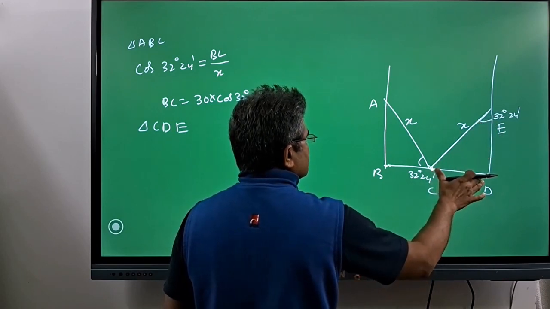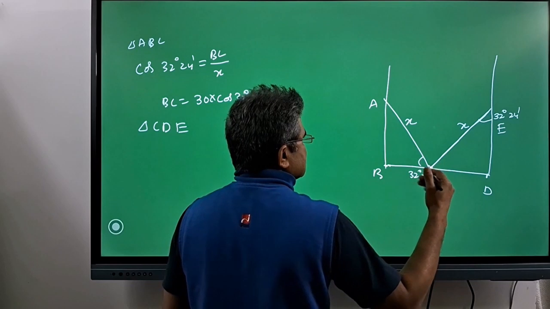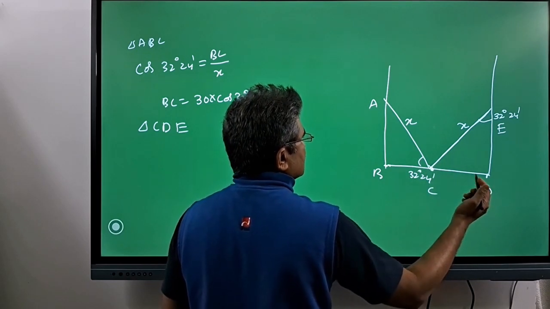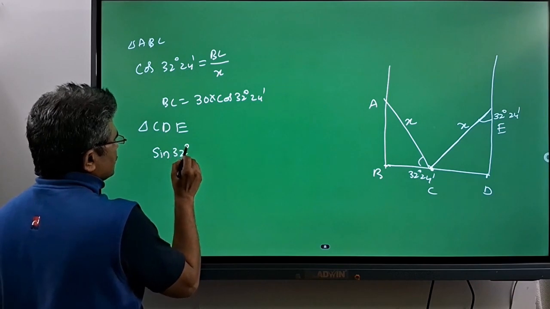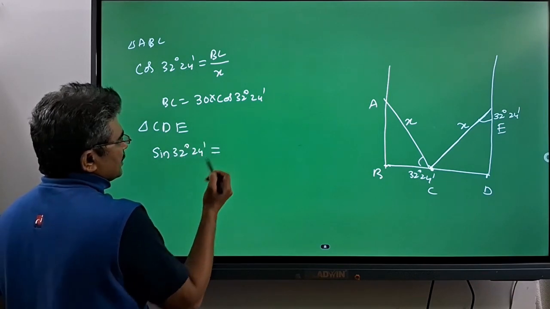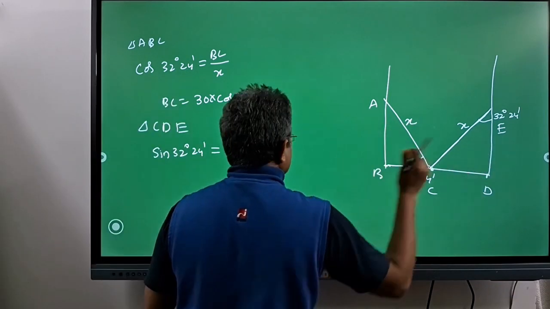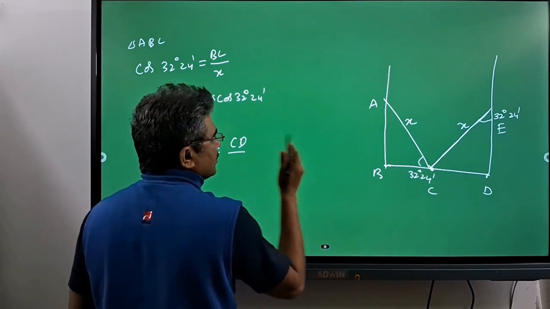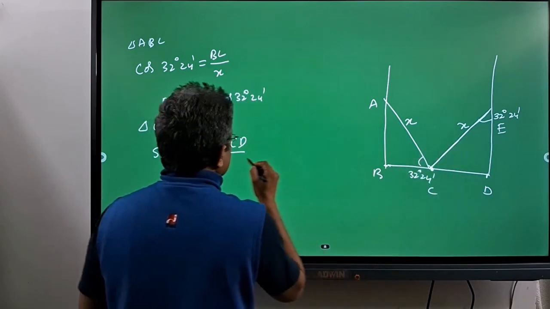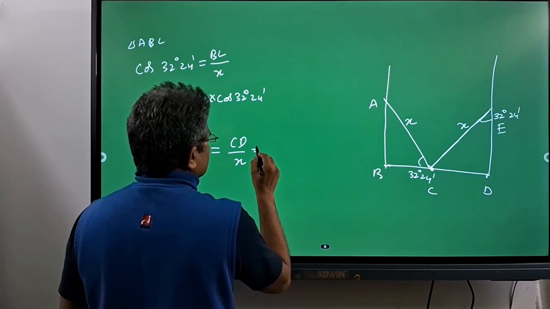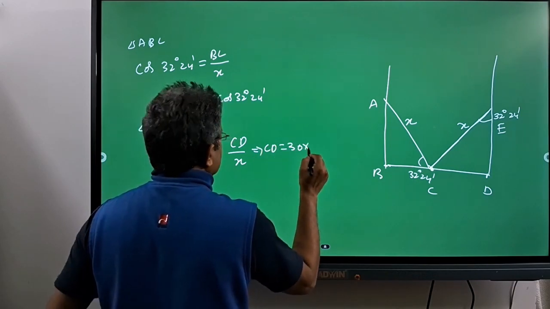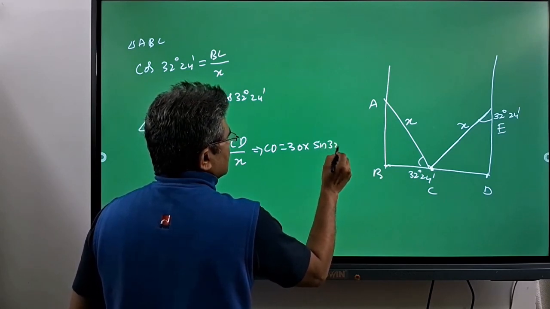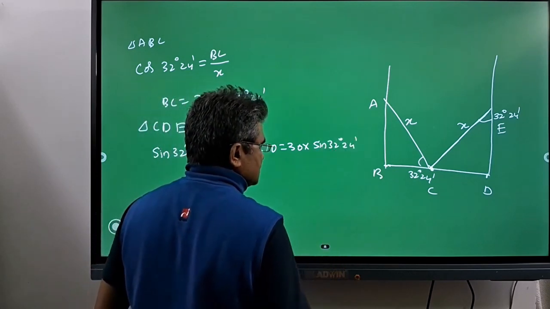So for this opposite side, if we consider the sine ratio, then sine 32 degrees 24 minutes will give, opposite side is CD, so CD divided by the hypotenuse x, where CD is equal to x, 30 meters, into sine 32 degrees 24 minutes.